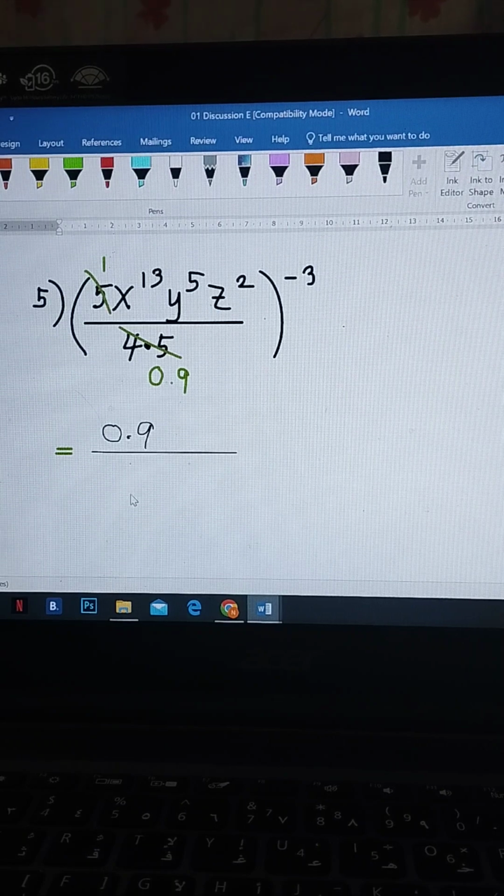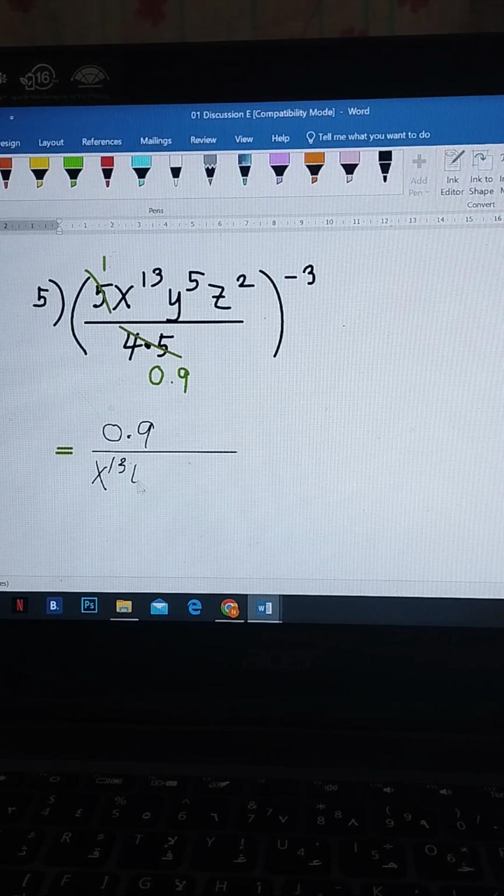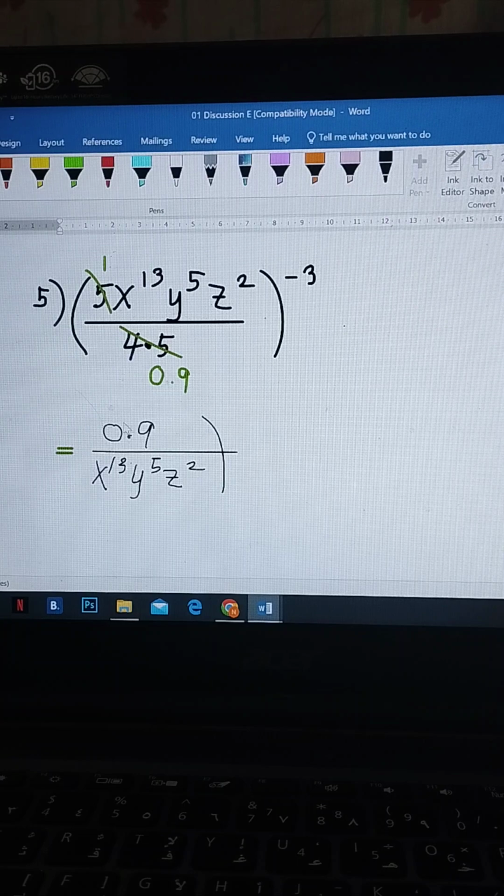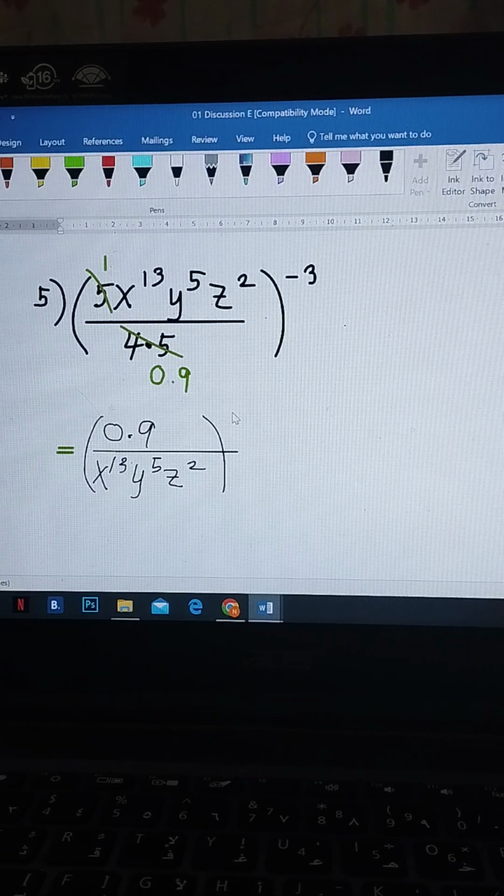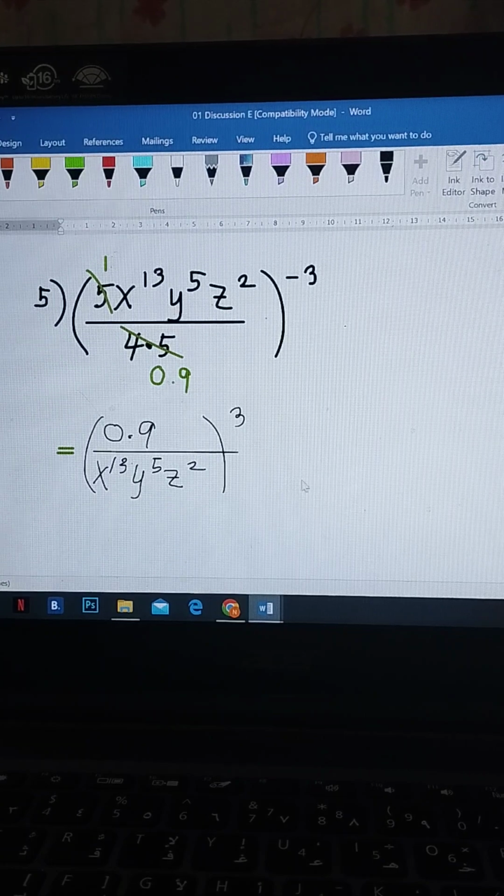all over x raised to 13, y raised to 5, z raised to 2, raised to the power of, so since we already get the reciprocal, we just change the exponent from negative to positive.